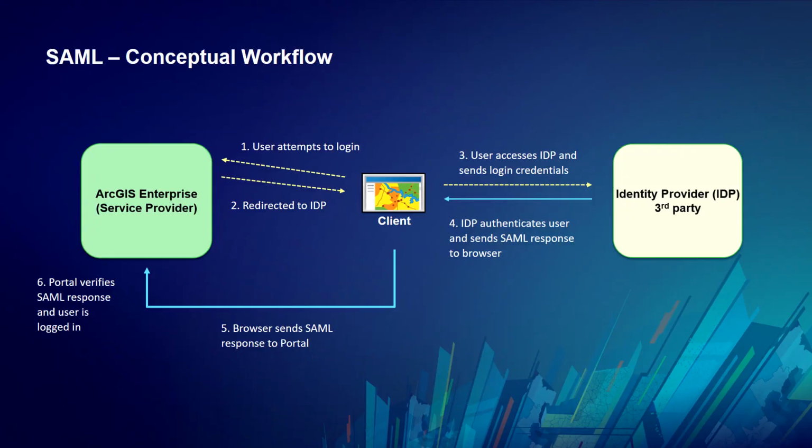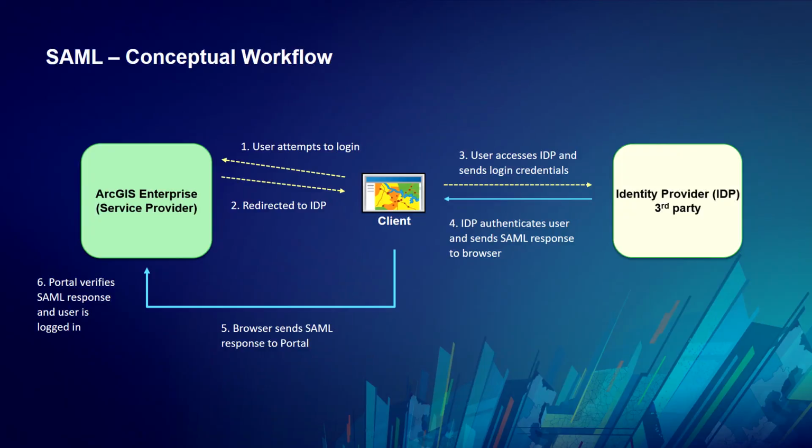But the portal is able to verify that response and say, yes, I recognize the response that's being sent back, and then I can pull out the username and I can authenticate the user, and we can carry on.